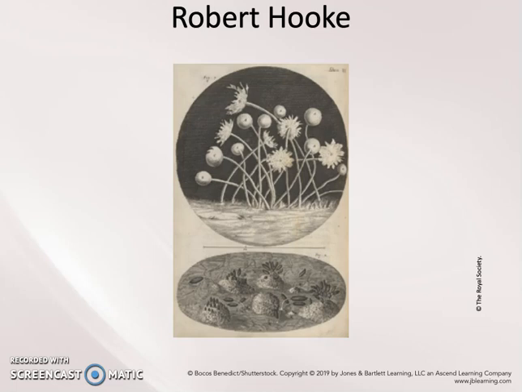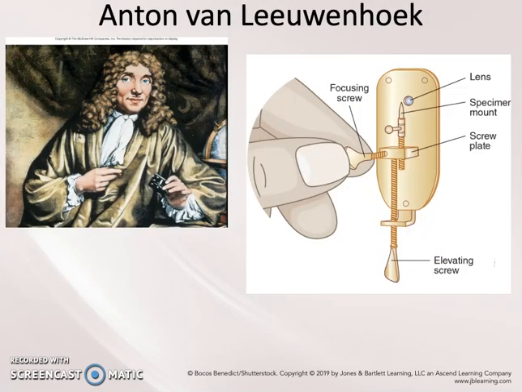Robert Hooke's concept of small living things, small structures invisible to the naked eye, was expounded upon by Anton van Leeuwenhoek, sometimes referred to as Antony van Leeuwenhoek. Anton van Leeuwenhoek lived almost exactly at the same time as Robert Hooke, and had in fact read some of his papers and learned a lot about this small world.